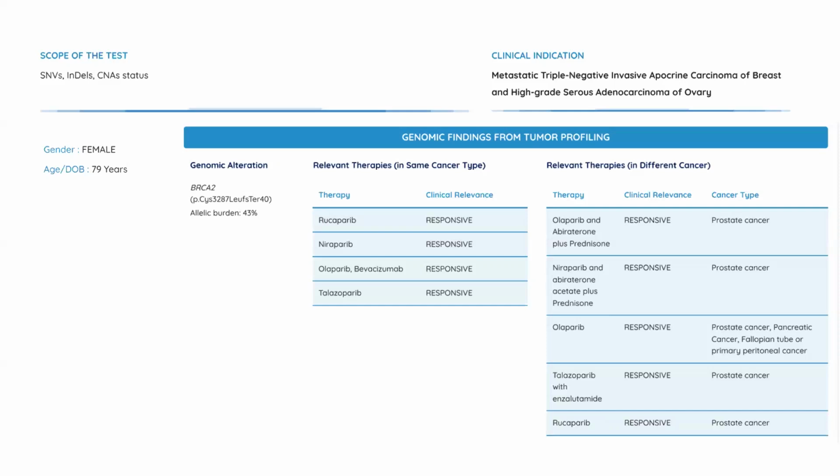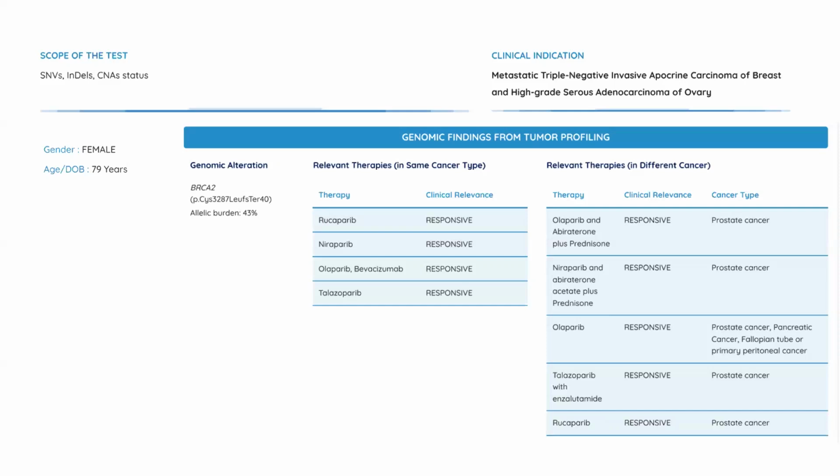So another important information that you want to look at in an NGS report here is, what is the scope? We are looking at SNVs, indels. I'll come to it later. That is the scope, then clinical indication. And when you find a variant, as per the AMP guidelines in tumor profiling, it can be hematological malignancies or solid tumors, doesn't matter. There has to be a tier 1 and tier 2 representation in the report. What is tier 1?